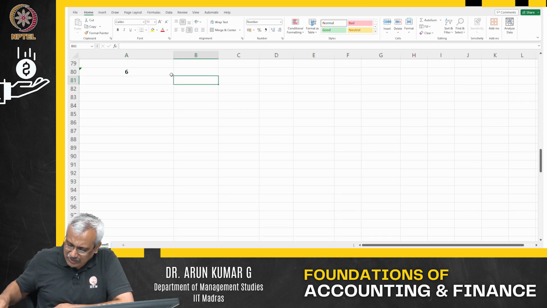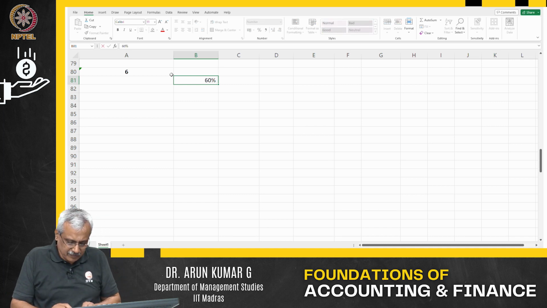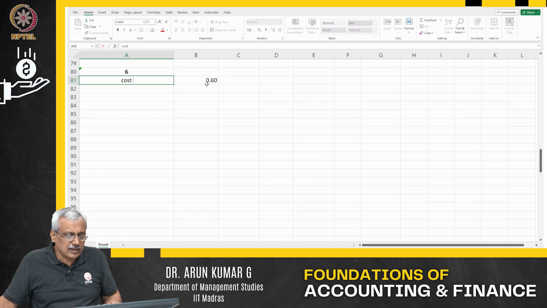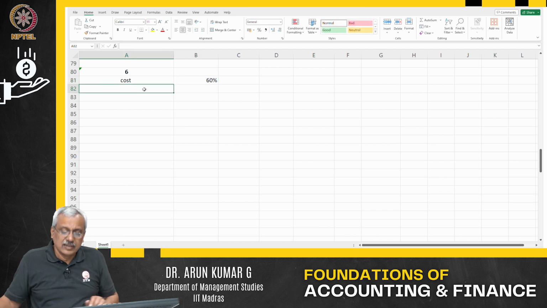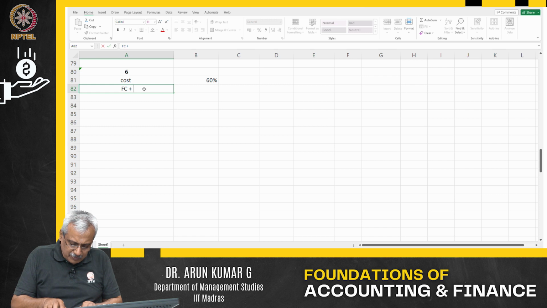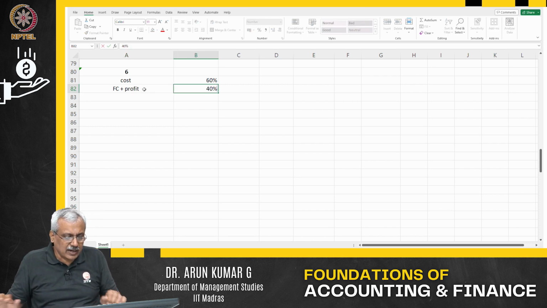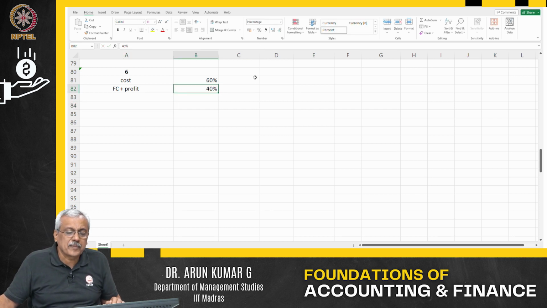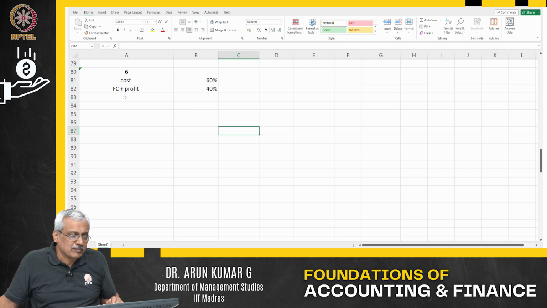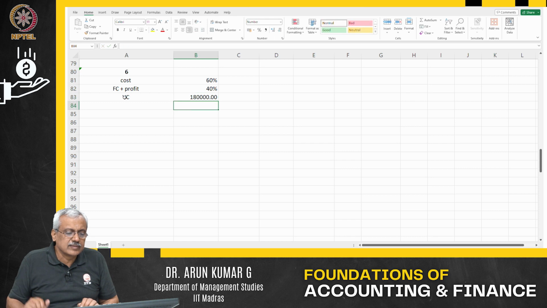For example, 60% is my cost. I'll make it percentages, no problem. My fixed cost plus profit is 40% because my contribution margin is 40%. My variable cost is 1,80,000.